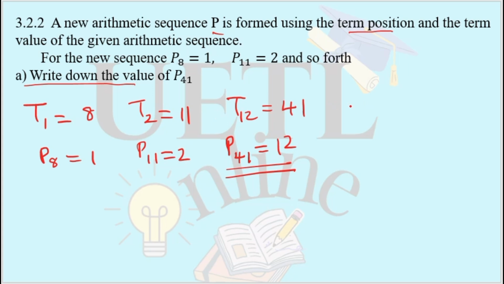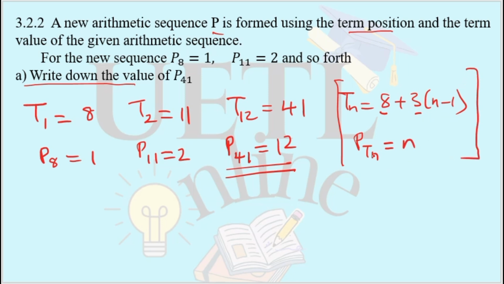This formula is going to be Tn is equal to 8 plus 3 times n minus 1, since we have our a and our d. Combining these two makes sure that P of T of n is equal to n. So if you want to find this term and this term, we can just use this equation.